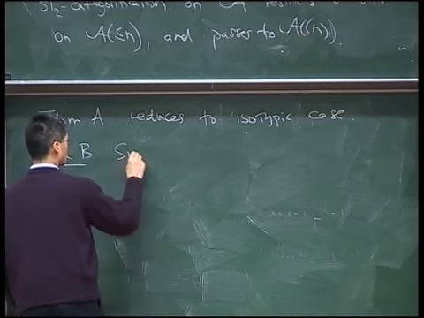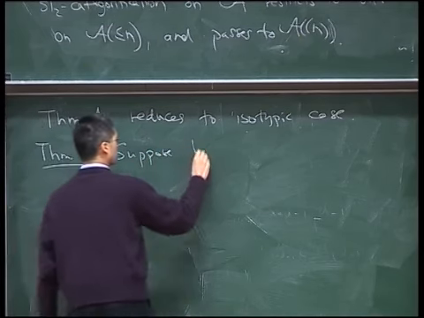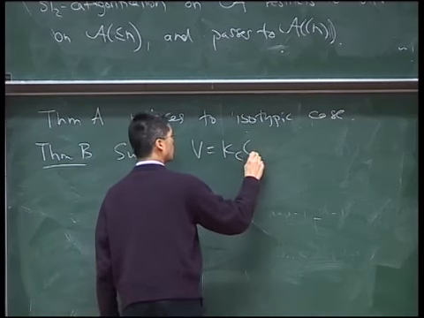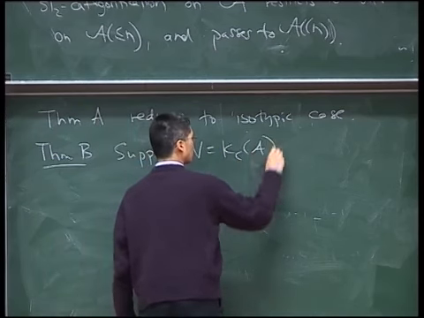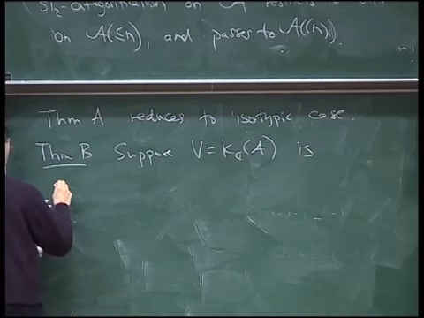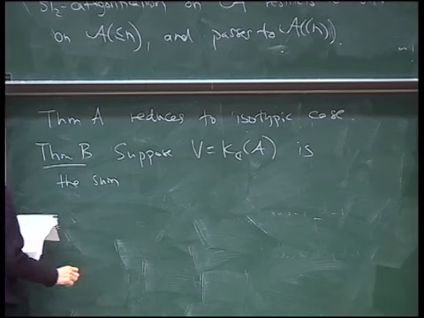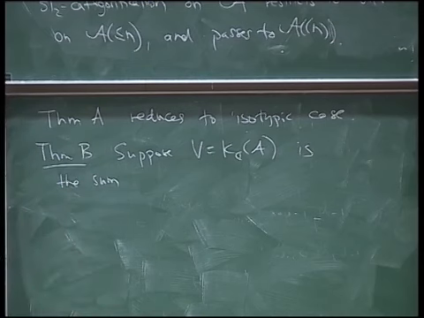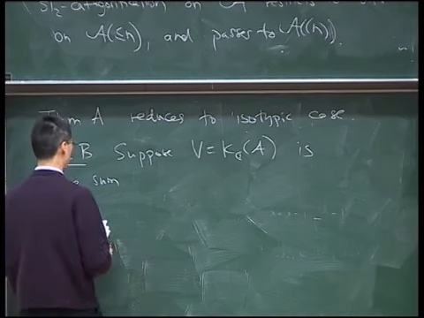So let's suppose now that V is isotypic. It's a sum of just copies of a single irreducible module, and let's say the dimension is n+1.